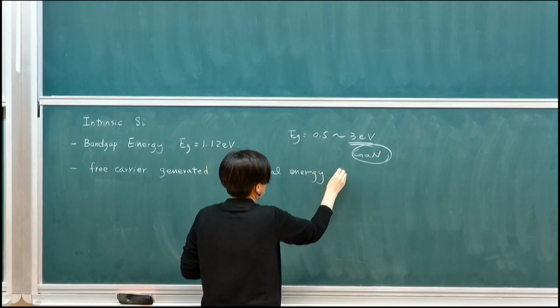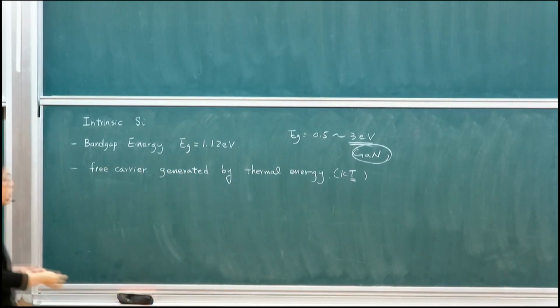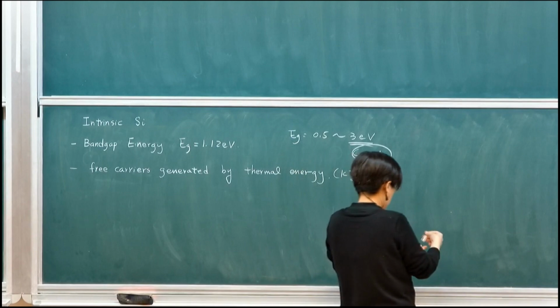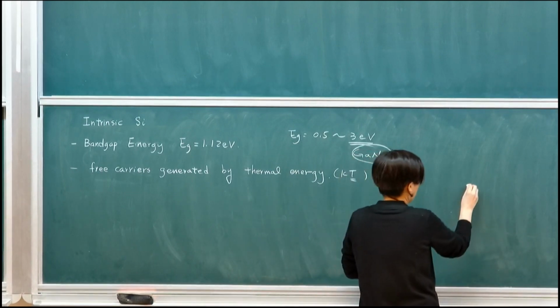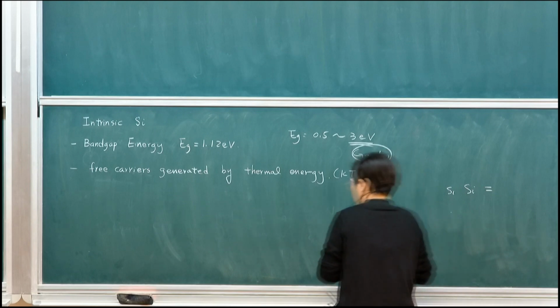Thermal energy is typically referred to as kT. As temperature rises, you have the Boltzmann constant, and it gives you the thermal energy of the system. So once we have the free carriers, a few of you have questions on that, so I'm just going to talk about this a little bit more.